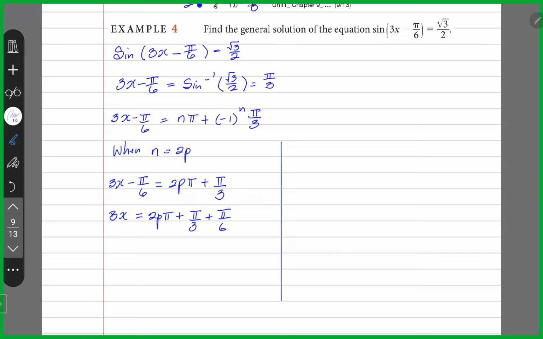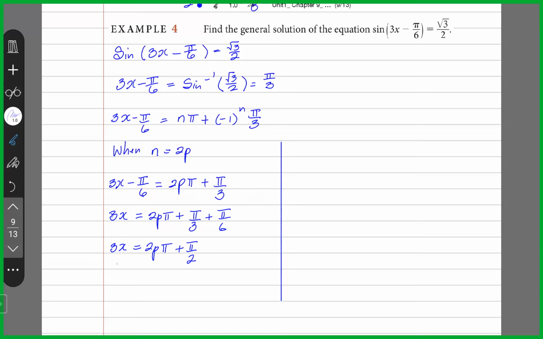So this is 3x is equal to 2p pi plus 3 pi by 6, which is pi by 2, because pi by 3 is 60 degrees, pi by 6 is 30 degrees, 60 plus 30 is 90 degrees, and 90 degrees is pi by 2.